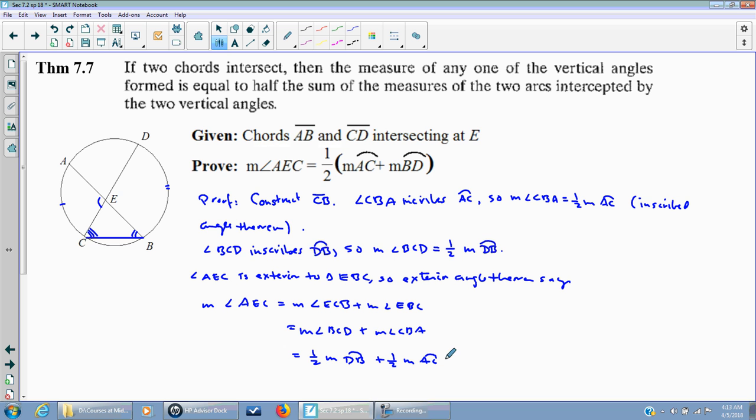So if you factor out a 1/2 and then add the two arcs together, you have the measure of AC. Oh, let me write them in the same order I had. The measure of DB plus the measure of AC.